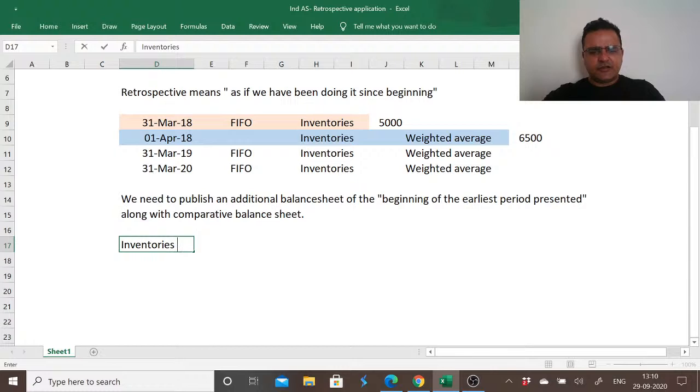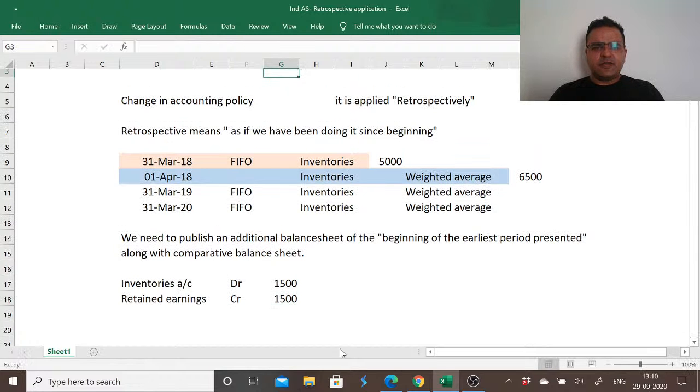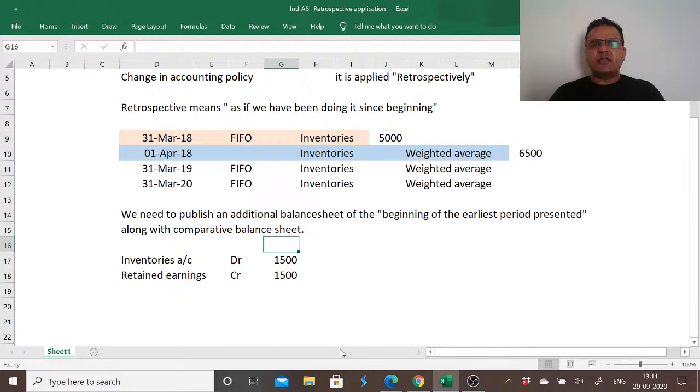On the face of the balance sheet, inventories account is debited with a balance of 1,500, and against retained earnings this adjustment is done, 1,500. This is known as applying the effect retrospectively, that we'll make changes as if we've been using the same accounting policy since beginning. We'll take the difference and bring in the adjustments as part of retained earnings.